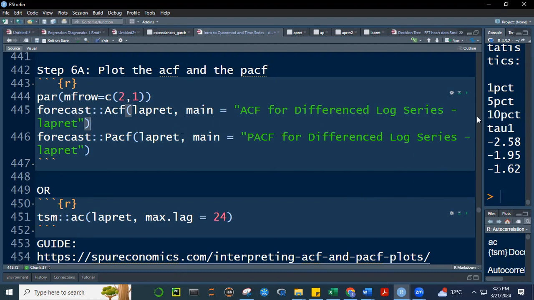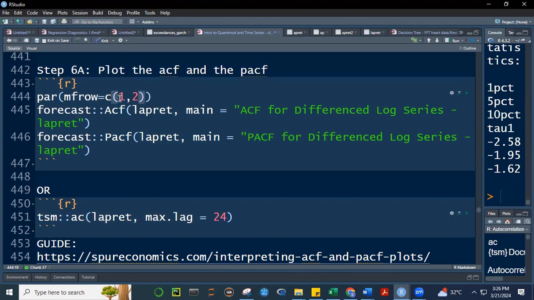So if we run this, class, we partition into one row, two columns.